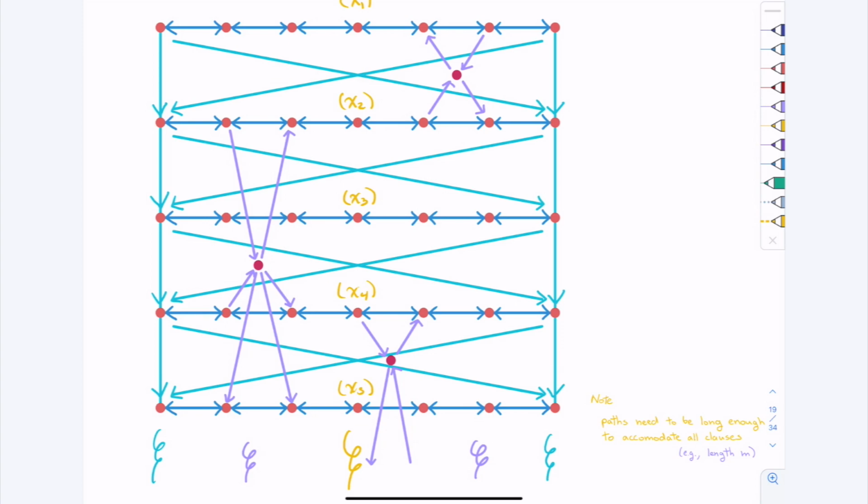Okay. All right, so does the high-level construction make sense? It's all set up so that in order to visit all the vertices, you have to weave through the whole ladder, visiting some of these clauses along the way. And you can only do those detours if you're going in the correct direction.